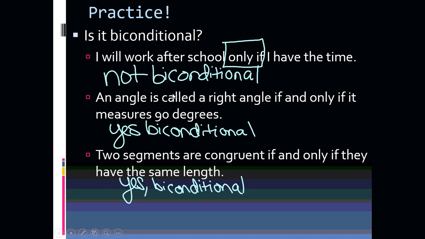Either way, going back and forth, they're true, and you see the phrase "if and only if," so that's a biconditional. Two segments are congruent if and only if they have the same length. Yes, that's a good biconditional, because if you have the same length, they are congruent. Going backwards and forwards, both are true, so that's a biconditional. Okay?